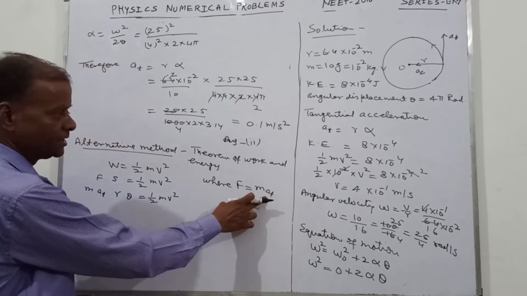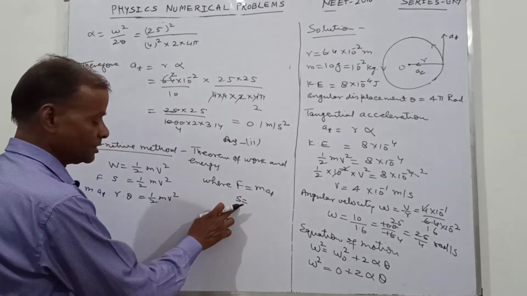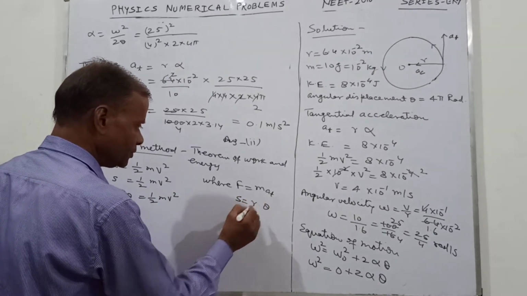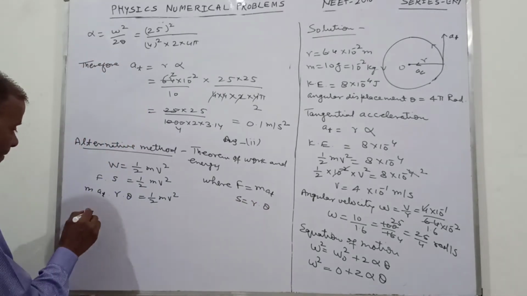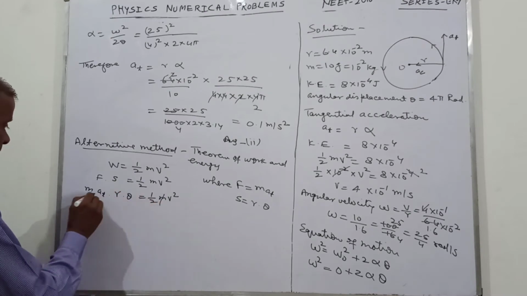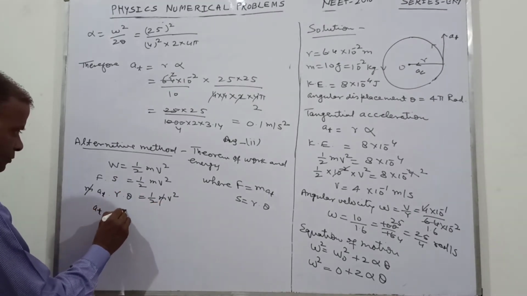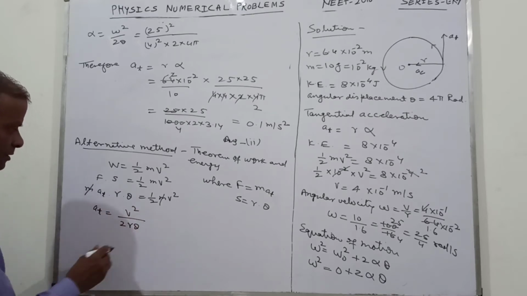M the mass, at is the tangential acceleration, and this S is now the arc. Arc equal to R into theta, radius into the angular displacement. So now m and m will cancel. So this at is equal to v square upon 2 r into theta.